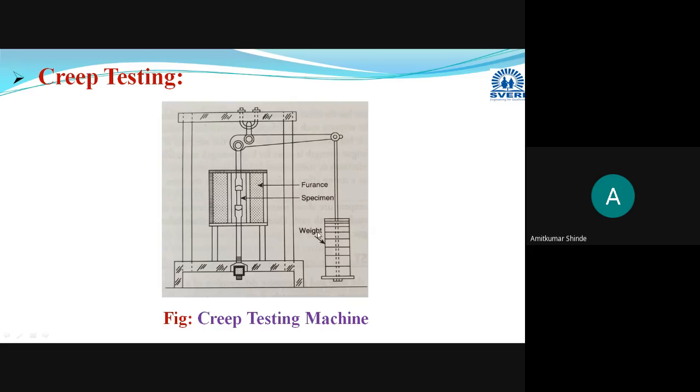Now, how the readings are taken, or how the actual test is conducted: we keep the temperature and stress value constant, and we fix a time interval, suppose 5 minutes, 10 minutes, or 1 hour or 10 hours. At each time interval, suppose 1 hour, after each 1 hour you have to take the readings related to the deformation in that material.